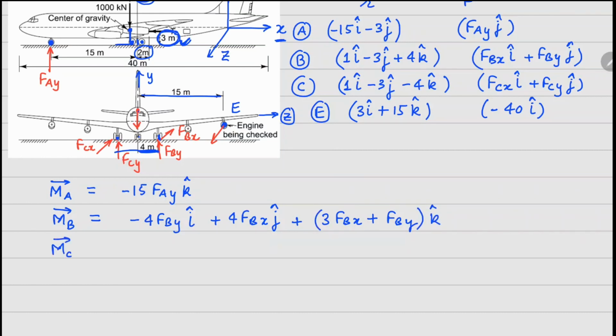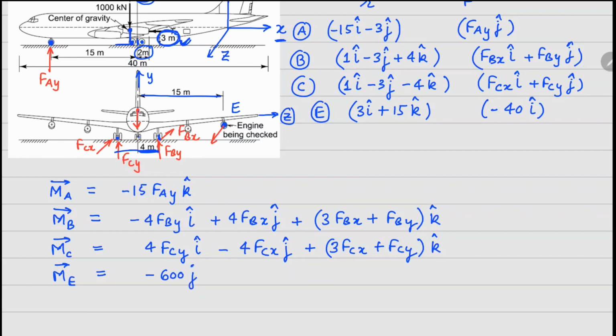And because of point C, we are going to have 4 FCY I cap minus 4 FCX J cap plus 3 FCX plus FCY K cap. And because of the thrust from the engine, the net moment is going to be minus 600 J cap.